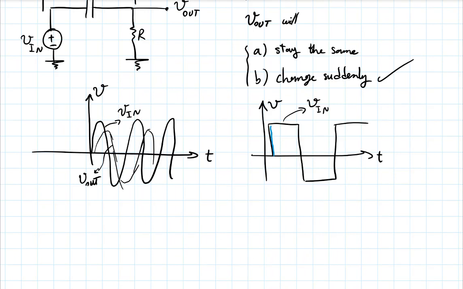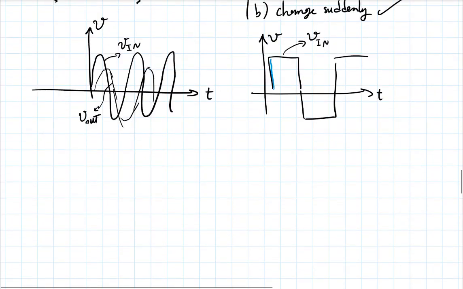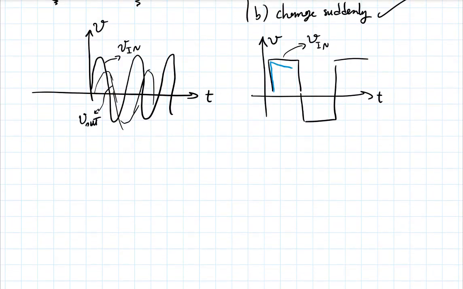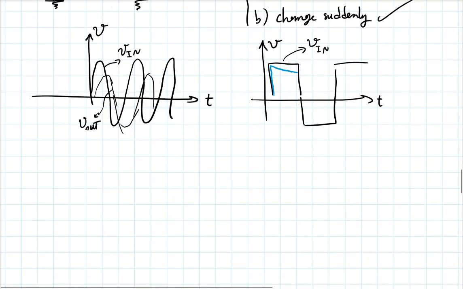Then the RC time constant will want to make V out go down, or the RC behavior. But if RC is large, there won't be much decline in V out during this time. And then you have another jump here, and then another, and then another, and so on and so forth.